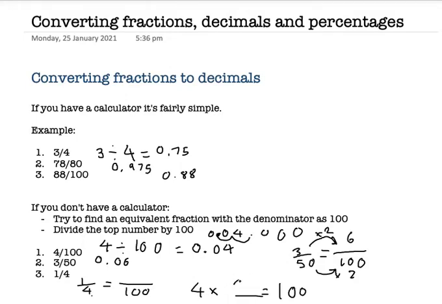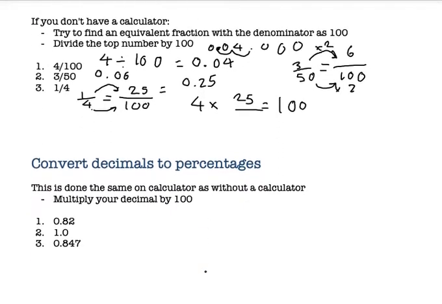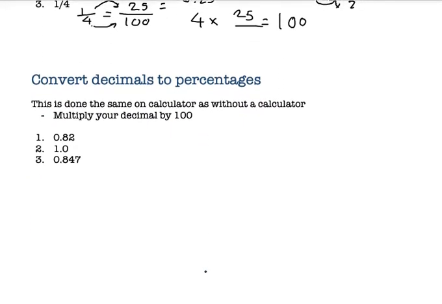The something is going to be 25, so I'm going to times 4 by 25 to get here. I do the same thing for the top, and that turns this into a 25. Now I do my 25 divided by 100. That would get me 0.25. Easy.